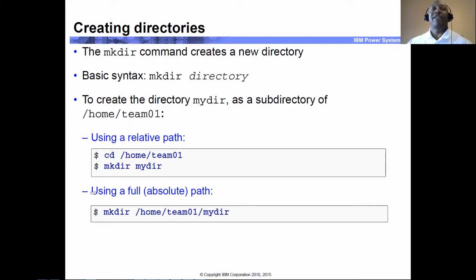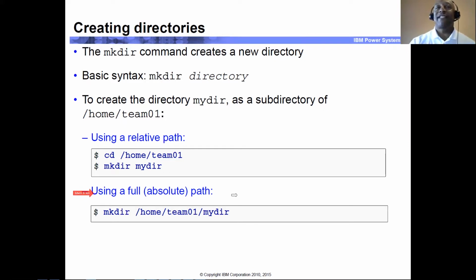Or I can choose to use the full absolute path simply by using mkdir /home/team01/mydir. Because I use the mkdir command, this will create a directory by the name of mydir. Now, if that name already exists, of course, we won't be able to create it in that same file system structure.